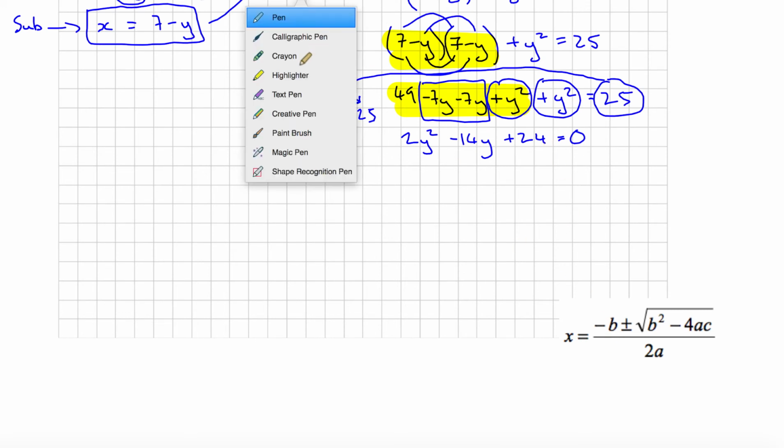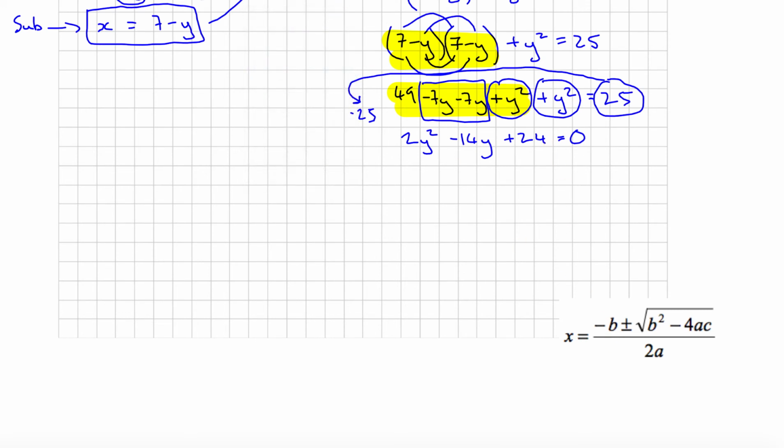So in other words, if you remember, my a value I'm going to sub in here will be the coefficient of the squared term. So 2, and my b value, which will be going there, will be the minus 14, and the c value, which will go there, will be the 24.